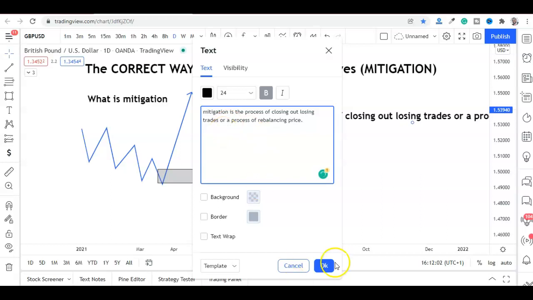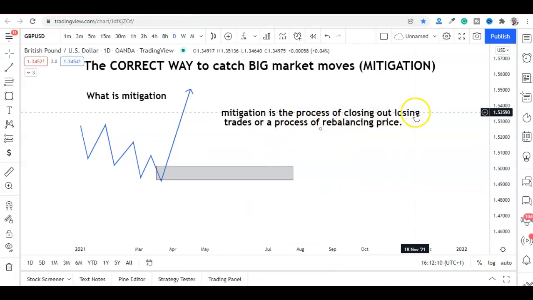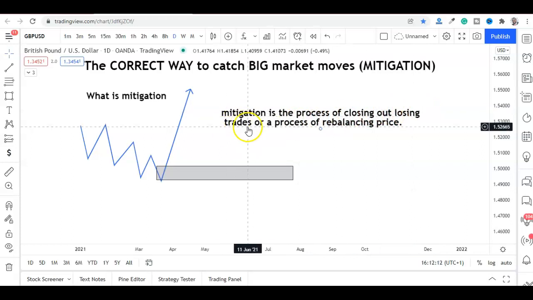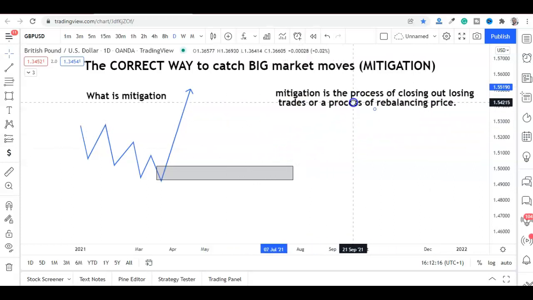I'll explain that. Mitigation is a process of closing out losing trades, okay, or a process of what? Rebalancing price. I will explain both.